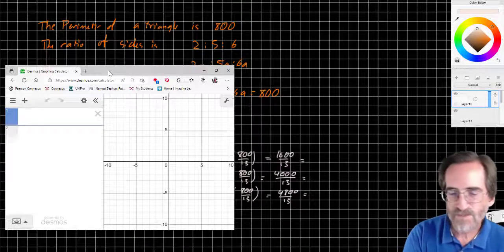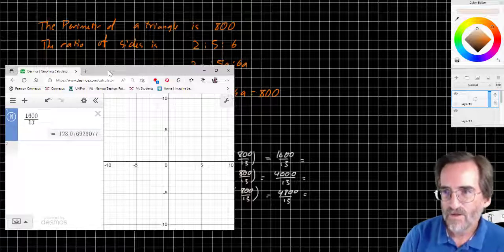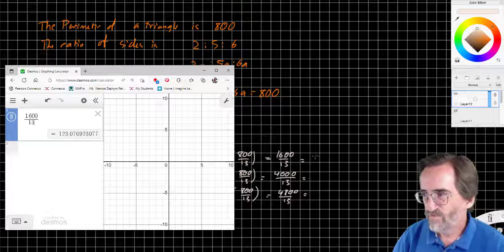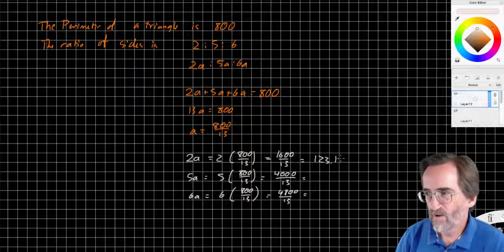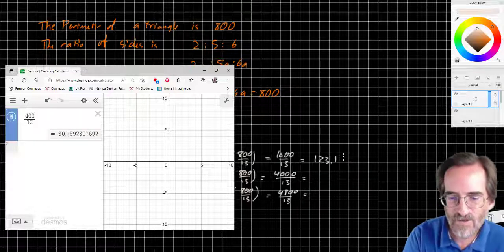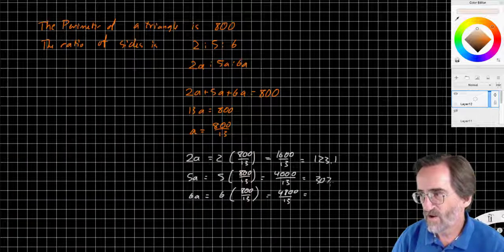1600 divided by 13 is 123.1. 4,000 divided by 13 is 307.7.